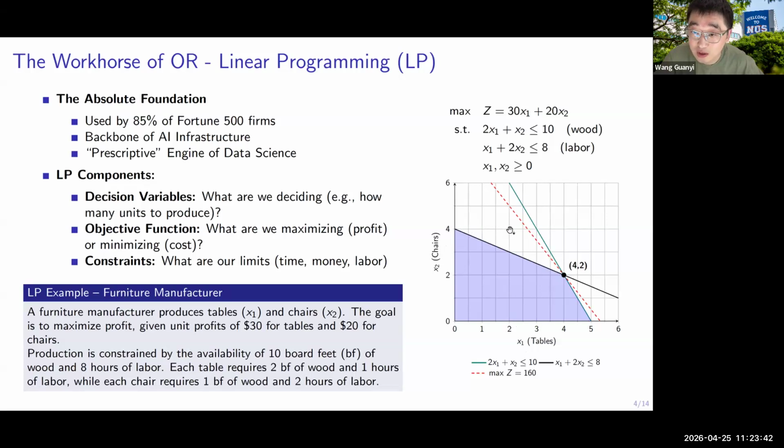So if you look at the point that I put my mouse on, this value gives 2 times x1, 2 times 2 plus 4, which is 8. 8 is less than or equal to 10, so that is a legal point, a feasible point.